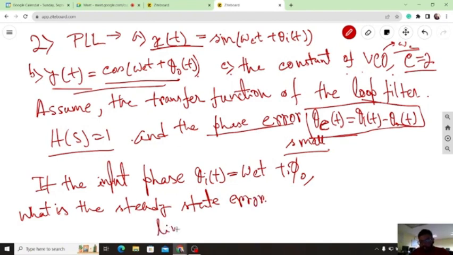That can be represented by t tends to infinity of the error, that is the steady state error. As t tends to infinity, what will be the small error?